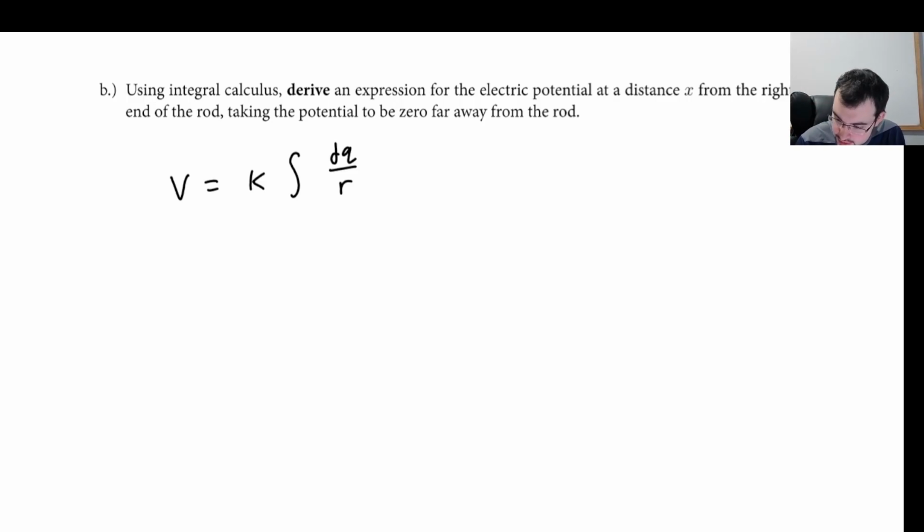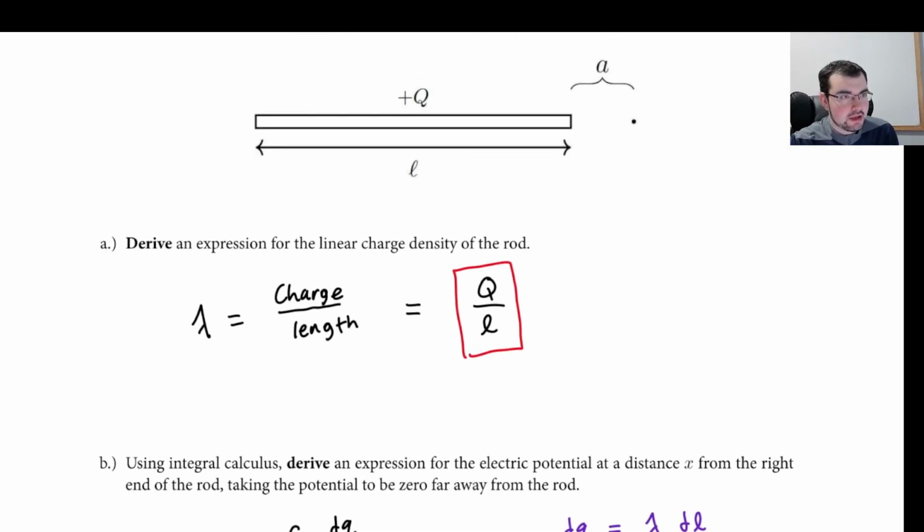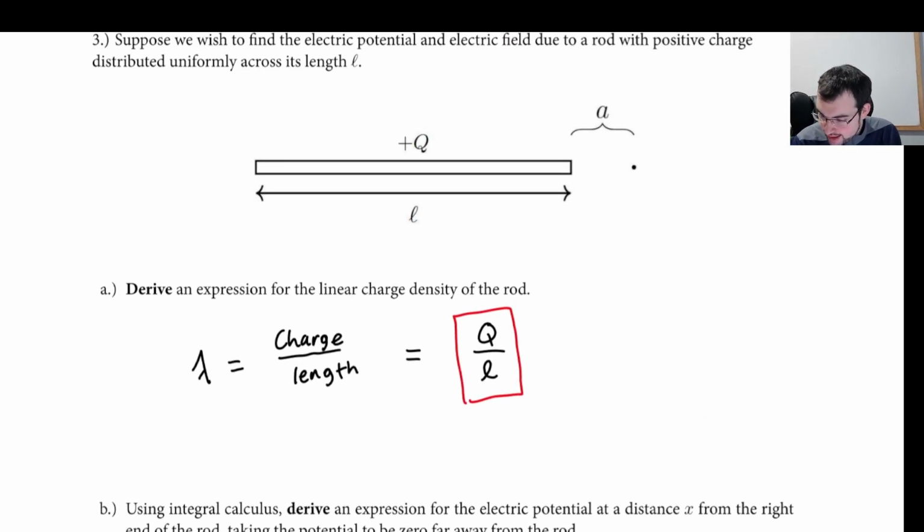We already said that since this is a rod, we're going to use linear charge density. Our lambda was Q over L, and dl is just going to be dx. Because if we have these distances x, our little dq in the segment is just going to be lambda times dx.